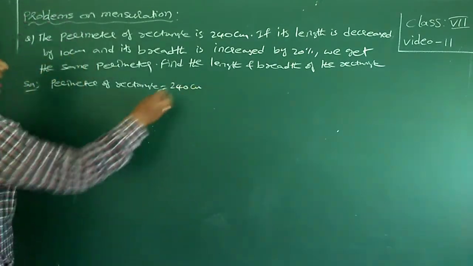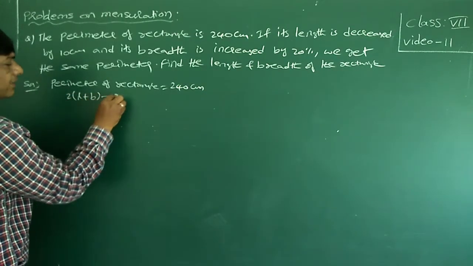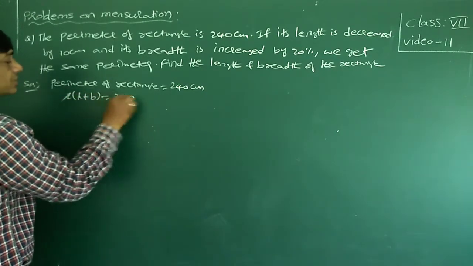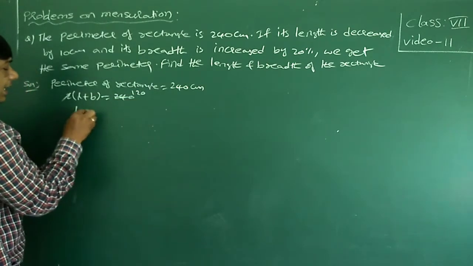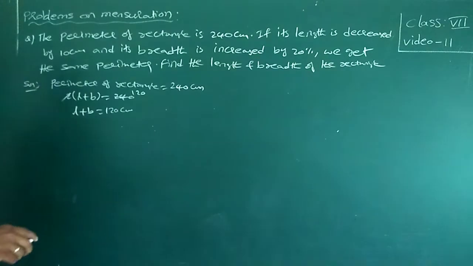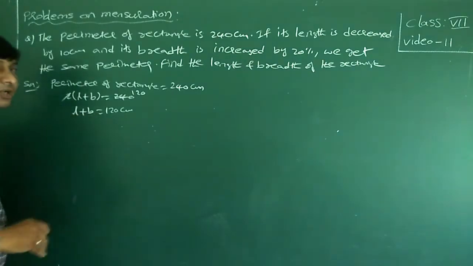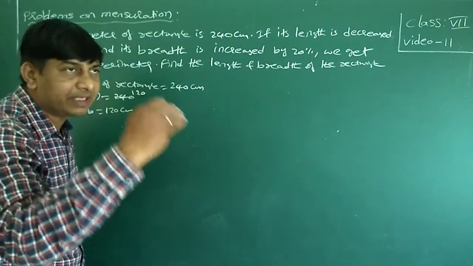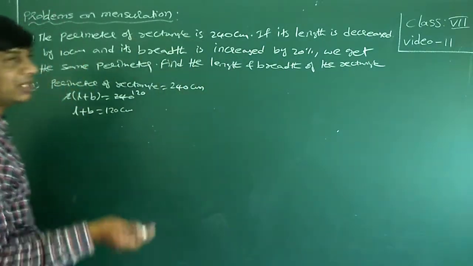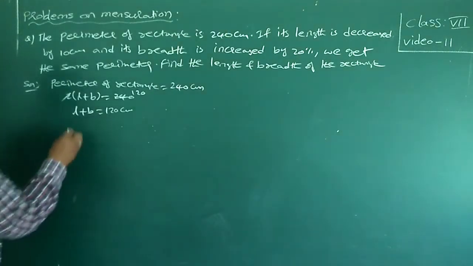Means what is your formula? 2 into (L plus B) is equal to 240, so L plus B is equal to 120 centimeters. Now, because two different unknown quantities are there, convert one quantity in terms of the other one.